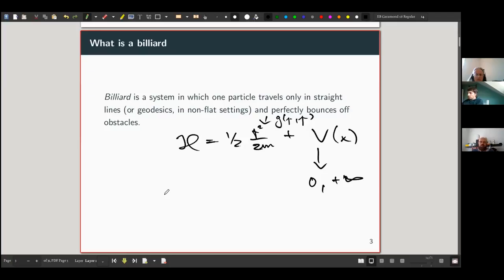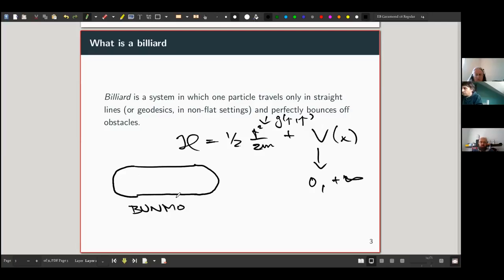However, it's not that simple, because according to the shape that we give the billiard, it can do very weird things. So for instance, if we take 2 straight lines like this and close it off with a semicircle on each side, then we get something that is called a Bunimovich stadium, if I can spell it correctly.